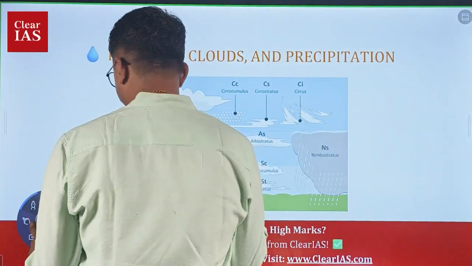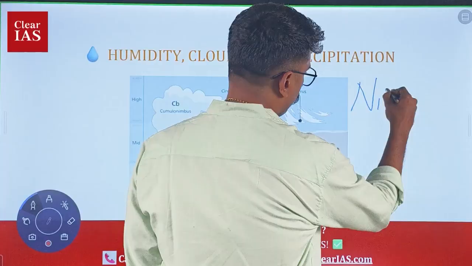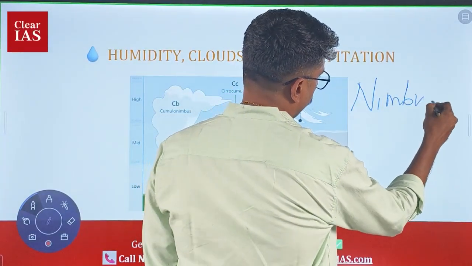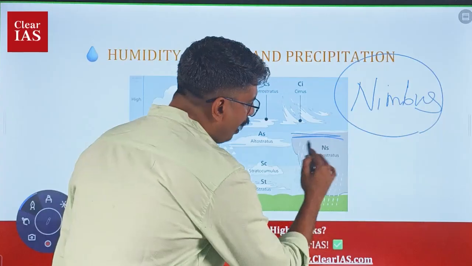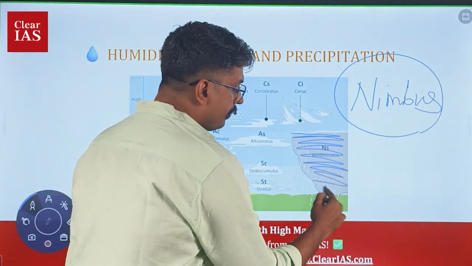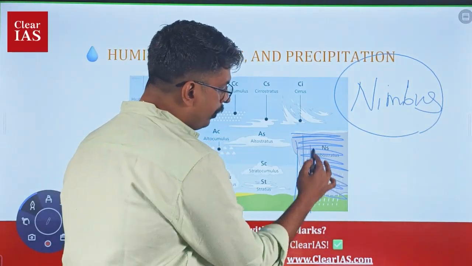So the word nimbus in a cloud tells that the cloud is dark in color and there is a great probability of rain.